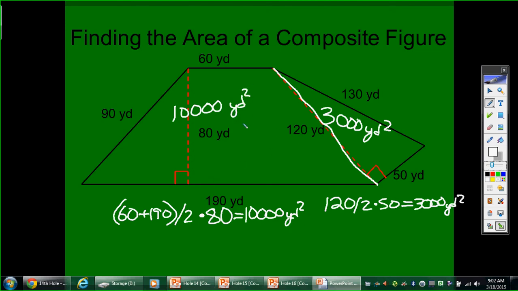And what I end up with is an area for this entire figure. 10,000 plus 3,000 would be 13,000 square yards.